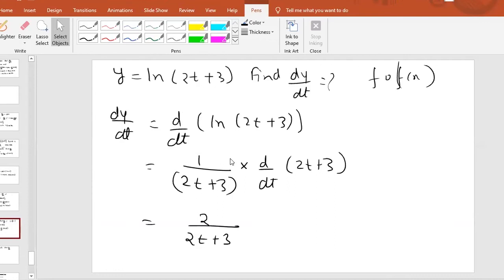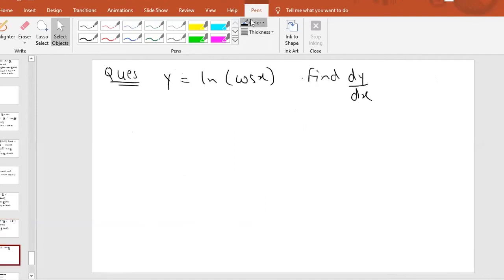So we have to write 1 by 2t plus 3, into the differentiation of 2t plus 3 with respect to t, which would be 2.